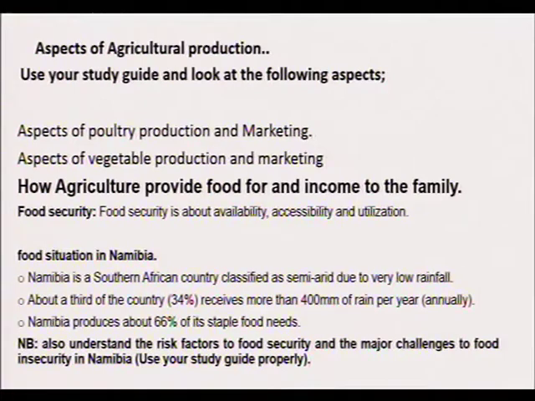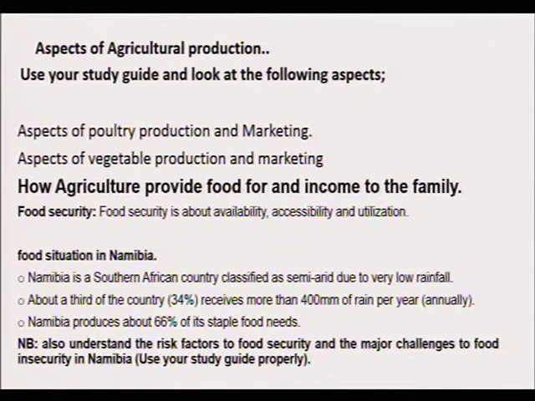And again, I would like you to use your study guide properly and understand the risk factors to food security. In your study guide, you will come across the risk factors to food security, and also the major challenges to food insecurity in Namibia.